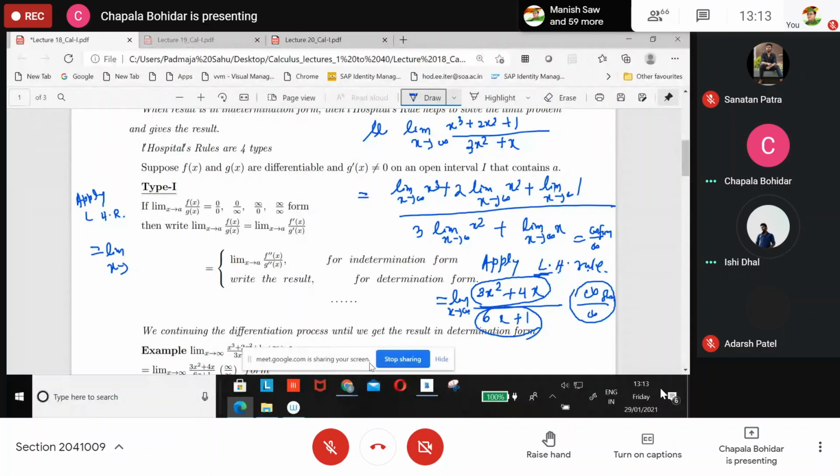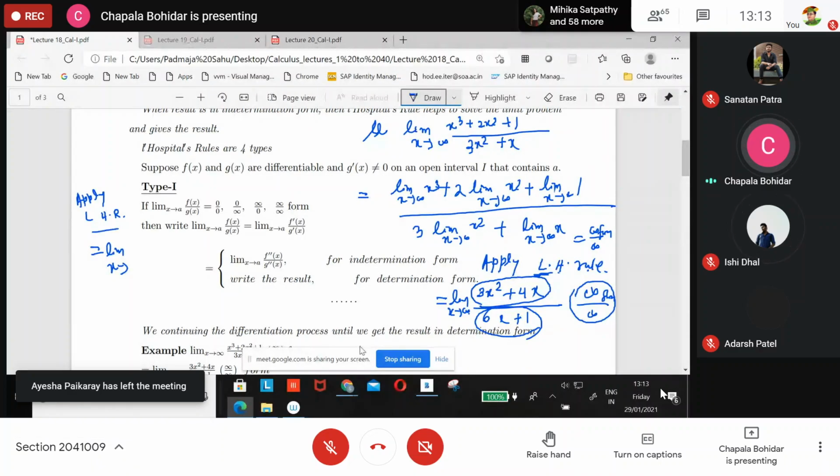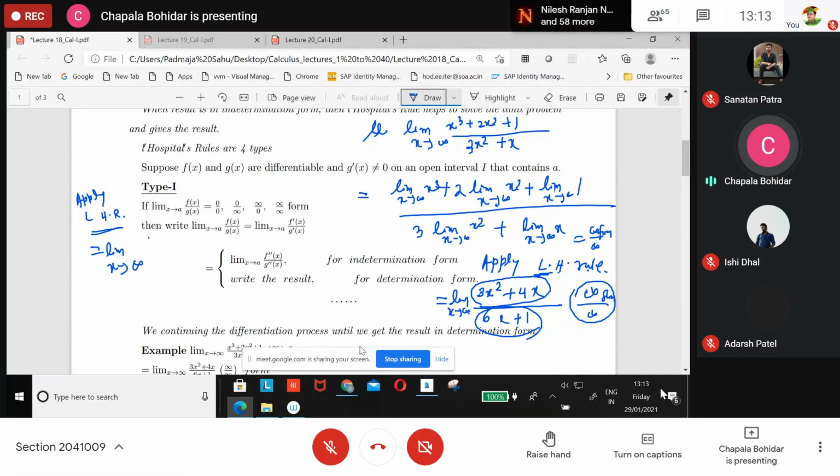Okay, ma'am. That is our L'Hospital rule. Clear? Yes, ma'am. So what do you get? After differentiating, we get 6x plus 4 divided by 6. So what are you getting here?